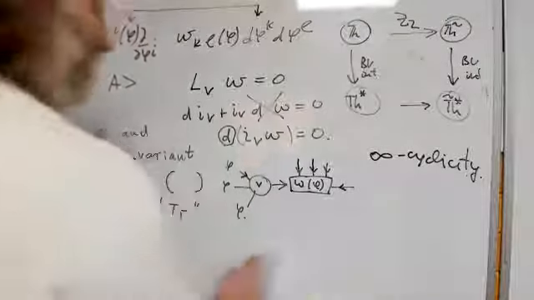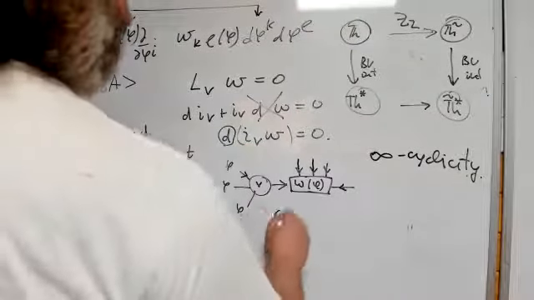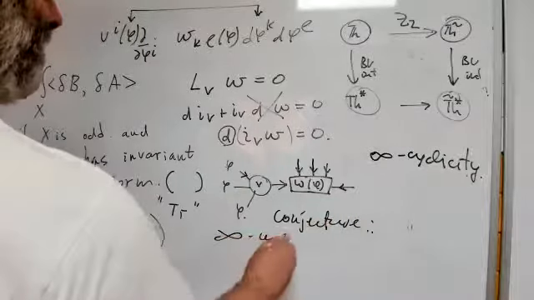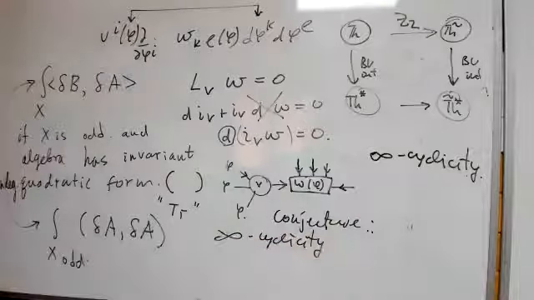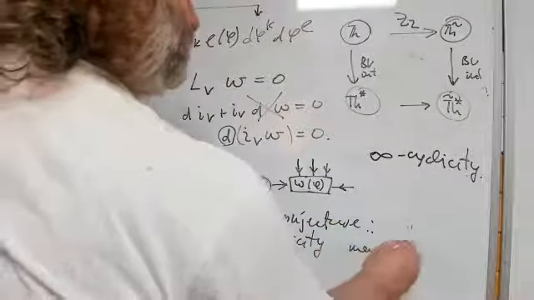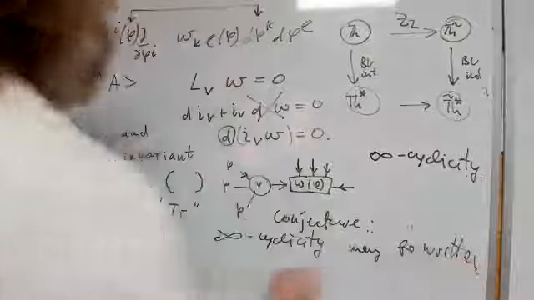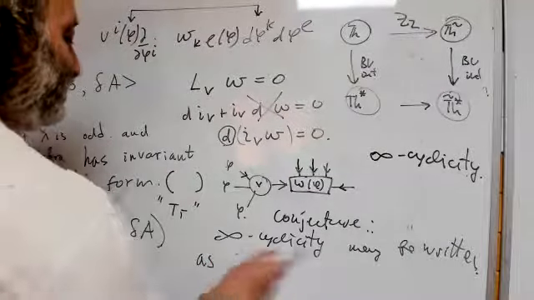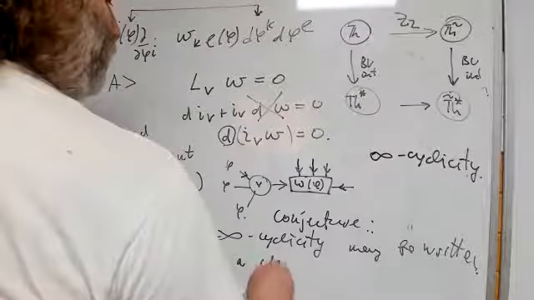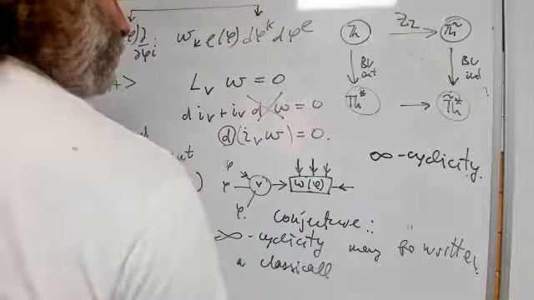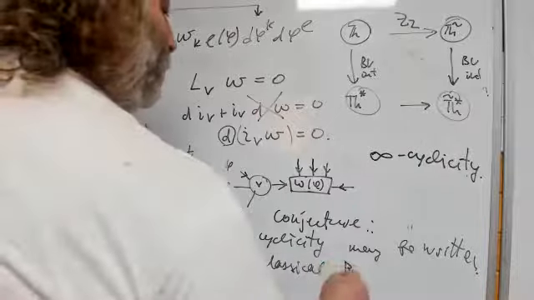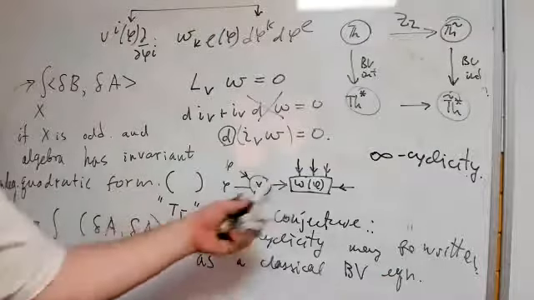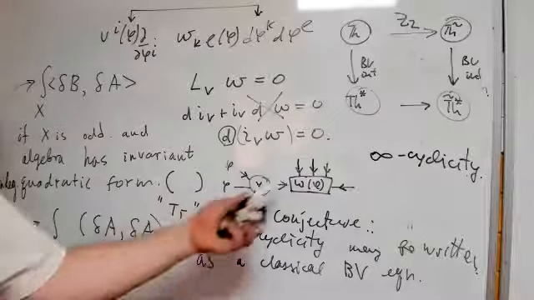That's why I have once again a conjecture that infinity cyclicity may be written as a BV equation, as classical, because it has a pretty similar structure.